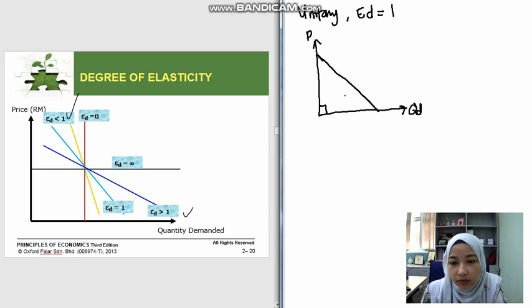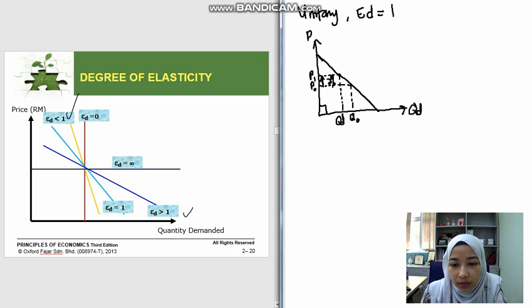Okay, a perfect curve, which means if there is a change in the price, let's say when the price is at P0, the quantity demanded is at Q0, and when price increases from P0 to P1, let's say the price increased by 2%. So what will happen to the quantity demanded?